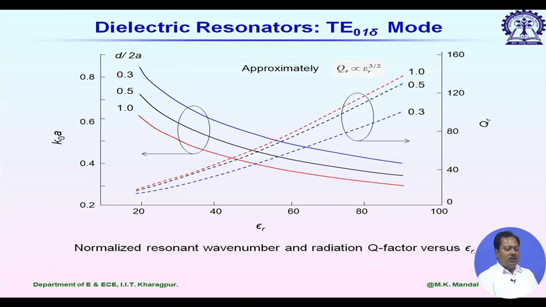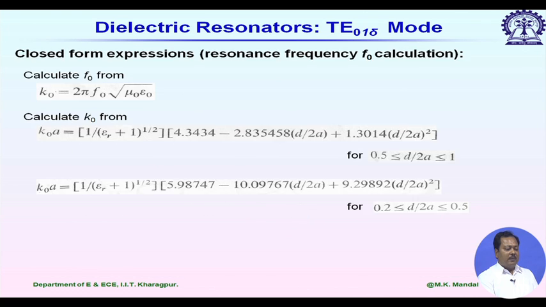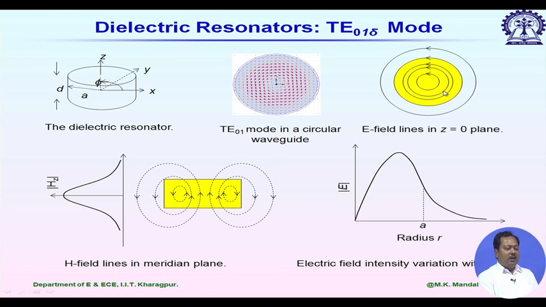You compare this with the electric field configuration of TE01 delta mode. Let us go back to the previous slides. So, for TE01 delta mode, we have an electric field minimum. So, if we drill one air via inside, it will not affect this TE01 delta mode as much, or in other words, the cutoff frequency is less affected by an air via placed at the center of this dielectric resonator.